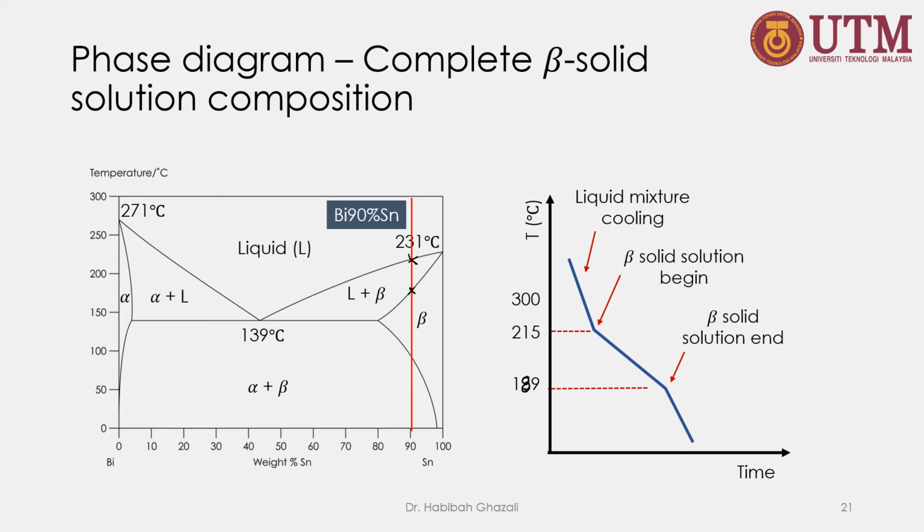So the final microstructure after solidification ended consists only of beta solid solution. As the temperature of this metal decreases and decreases, due to the solubility limit, at this point here, alpha solid solution will start to precipitate out of the beta solid solution. I will discuss the formation of the microstructure in the next slides.